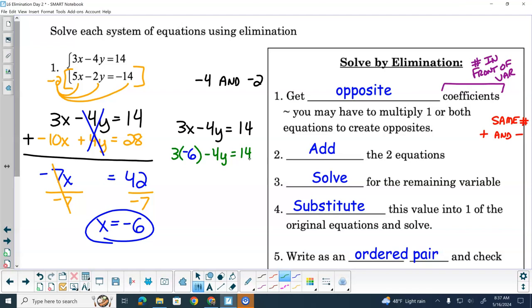Negative what? 3 times negative 6? Negative 18. Right, so I want to solve this for y. What do I want to do first?